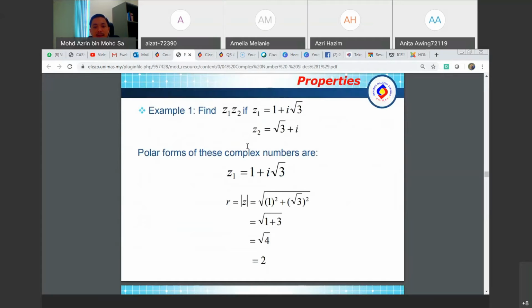Why do we need R? Because the polar form for this complex number, still remember, Z equal to R cos theta plus I sin theta.